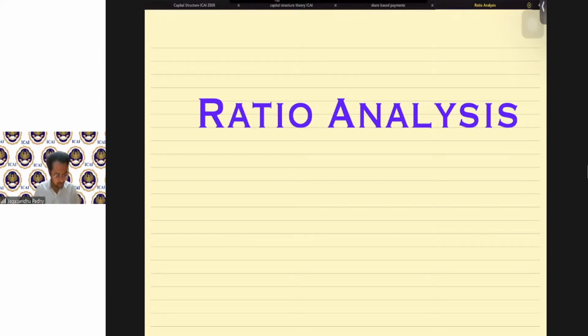So let's get started in ratio analysis. We have yet to complete few ratios. Few concepts are pending. So let's do that initially. We'll complete those concepts in the first half before the break, and also the questions based on ratio analysis.